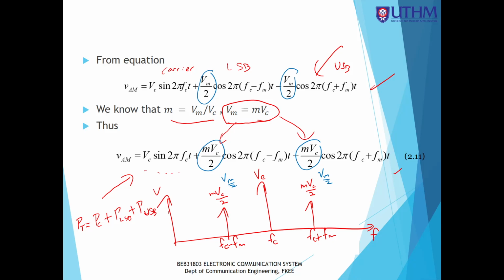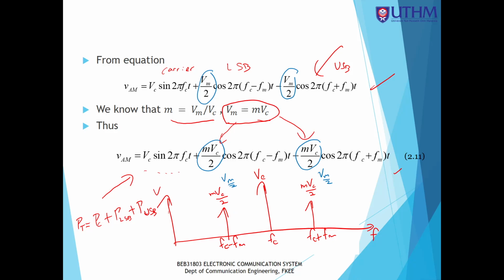Why do I do this? Because my frequency spectrum and my equation contain three components: the carrier, the lower sideband, and the upper sideband. So we need to add all the power components.